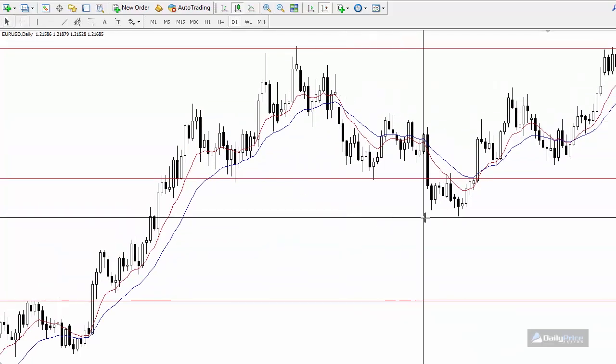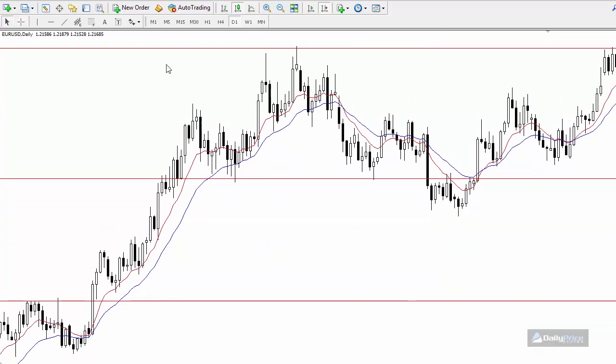okay, a lot of people may put their level down here, and that wouldn't be wrong because you can see that we also have not only this swing low right here, but we also have these highs.